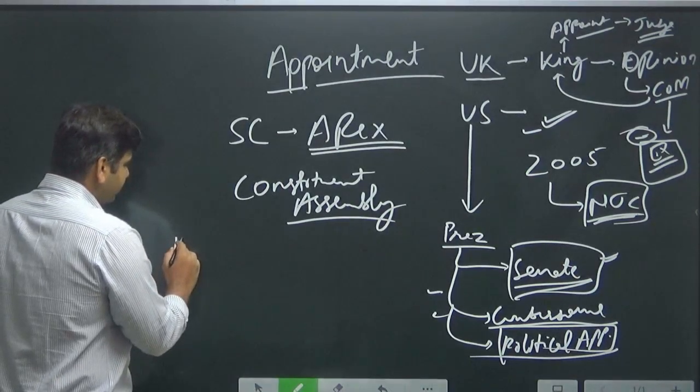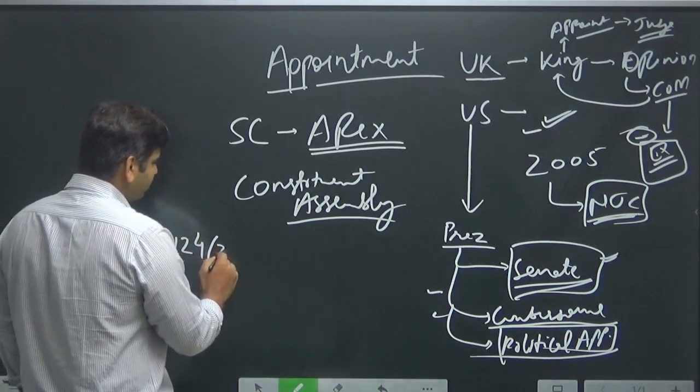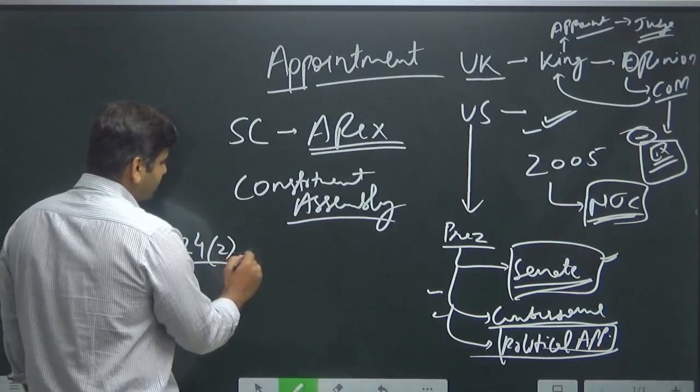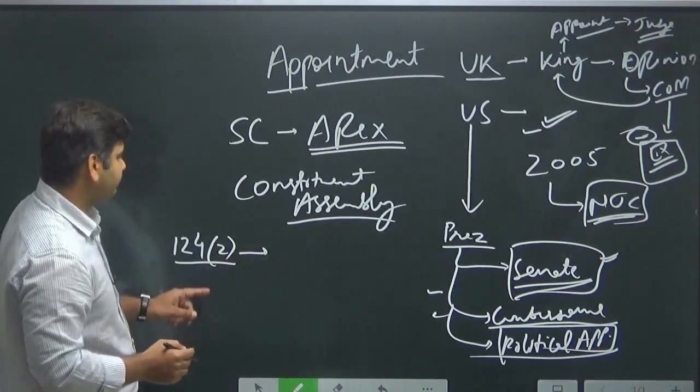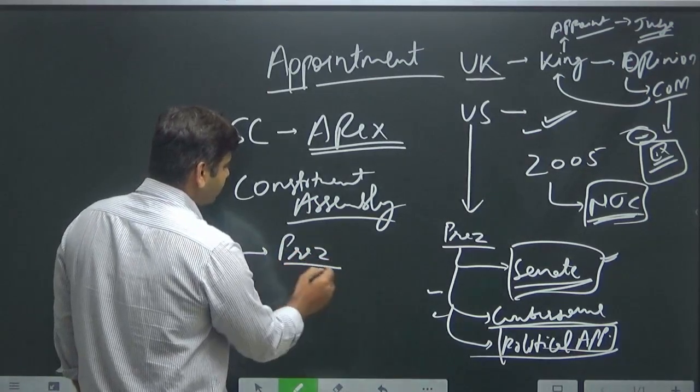The appointment to the Supreme Court of India is seen under Article 124 Clause 2, where the appointment is made by the President.